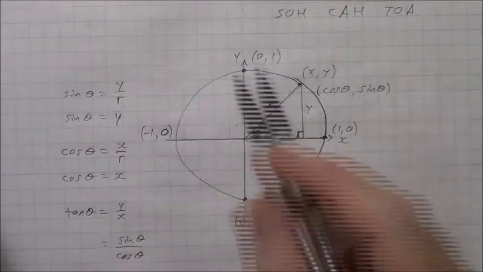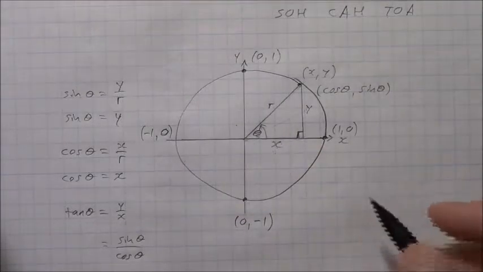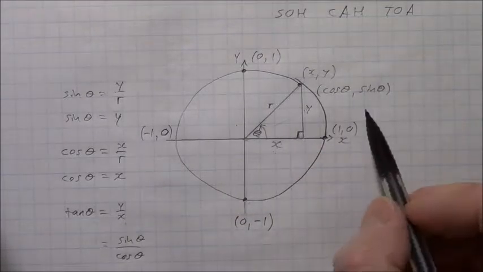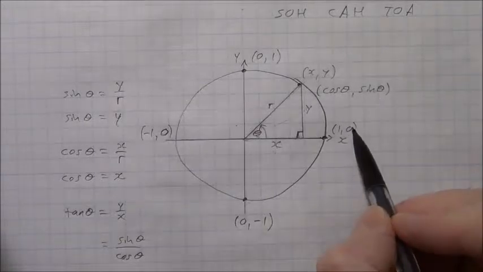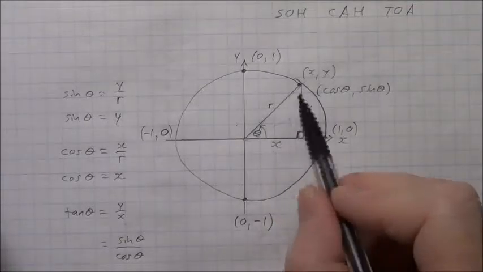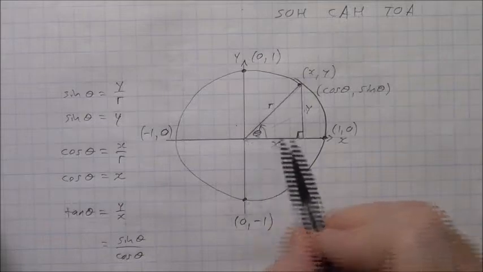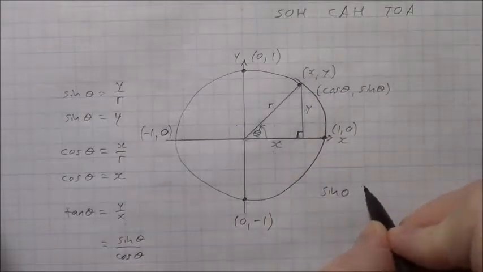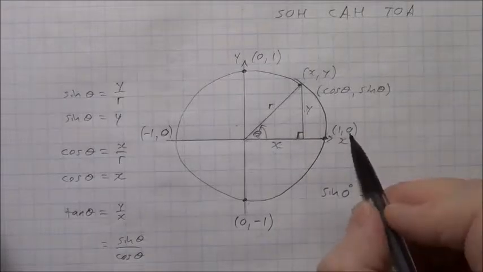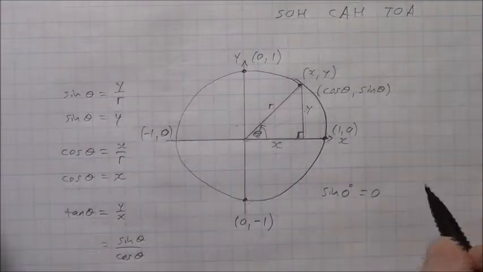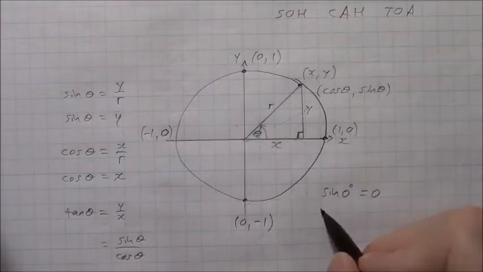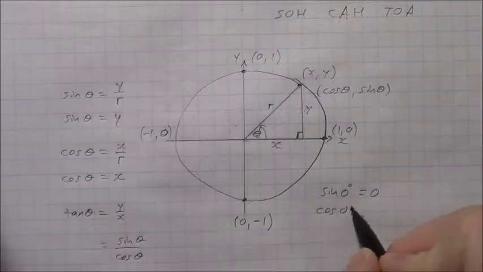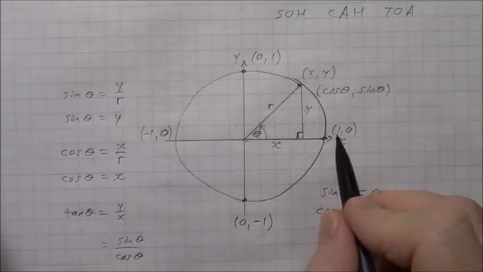So by using this, we can see that for sine of theta, when the angle is 0, so if you haven't rotated anywhere yet, sine of 0 is going to be 0, and the cosine of 0 is going to be 1.